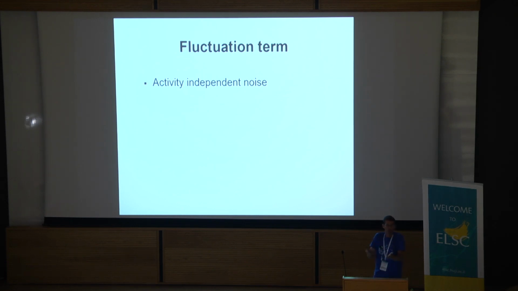Because if you wait long enough and you just add more and more noise, then eventually you have a distribution that is wider and wider. And then some synapses will have huge weights. And so if nothing controls this, it will just diverge.